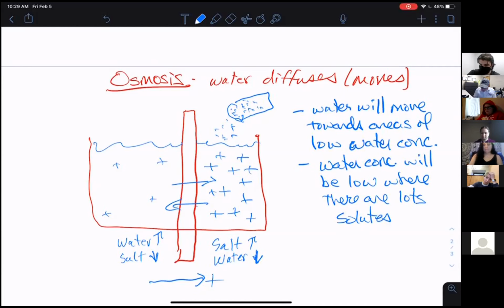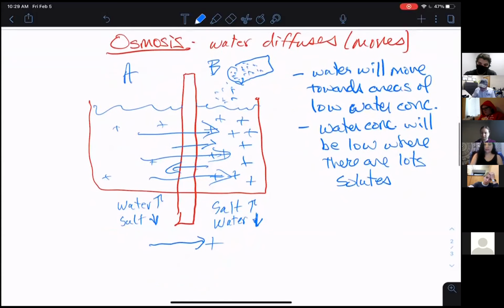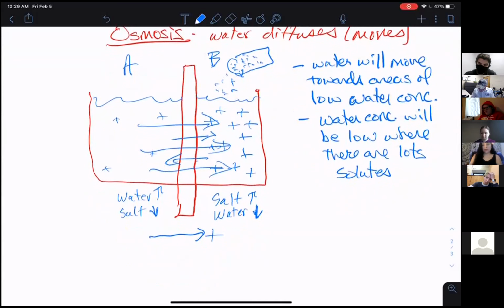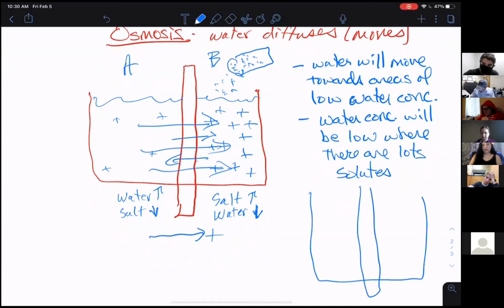So we'll label this side A and this side B. Water is going to move in this direction. So in the end, I'll draw another picture over here. We're going to get a situation that looks like this.